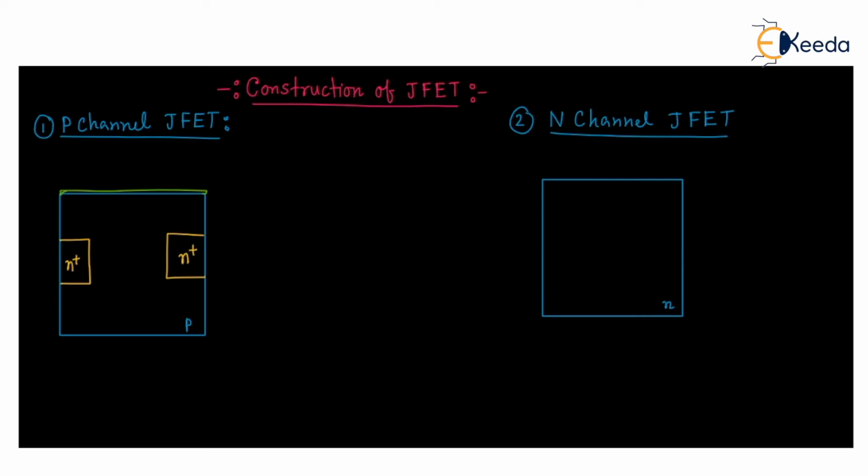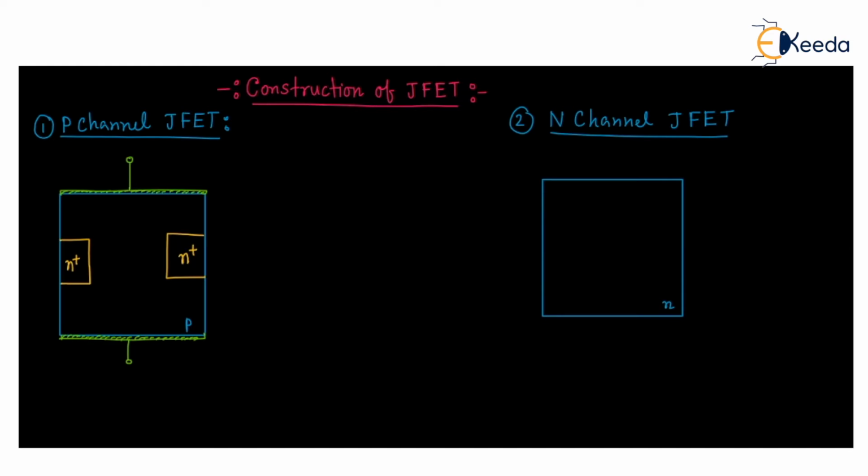This is the metal connection on the P-type substrate. From this metal connection there will be a metal terminal. Similarly at the bottom there will be a metal connection like this, and from this metal connection there will be another terminal of this device.